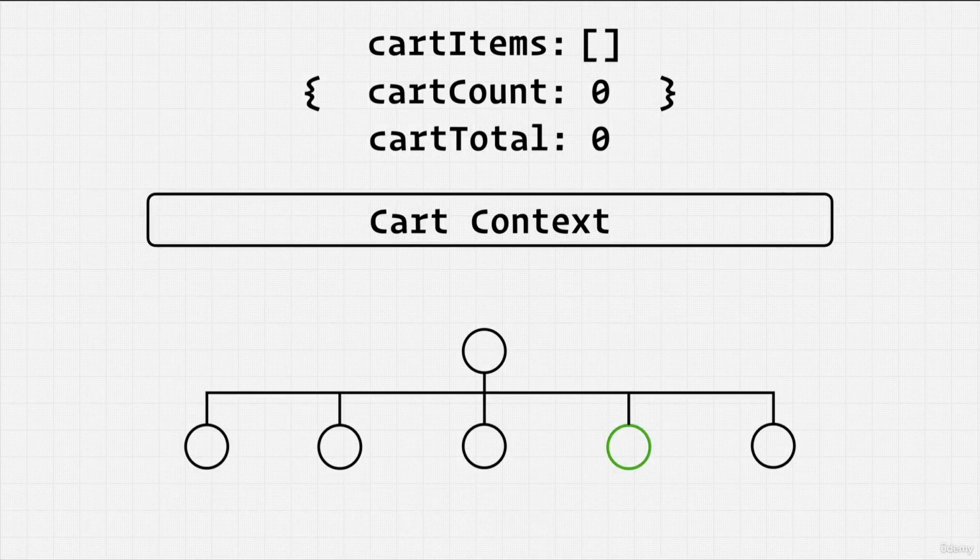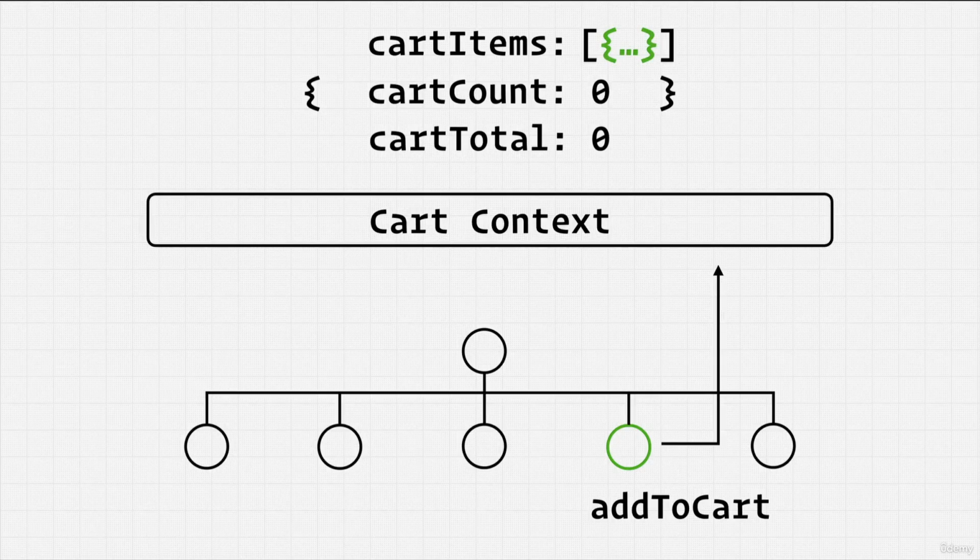Cart context, as we know, let's say we click and interact with the fourth product card. And here we say, oh, I want to add this product to the cart. Cart context, of course, will update with the added product. But what also needs to happen is cart count needs to update and cart total needs to update. These three different values all update due to an item being added to our cart.